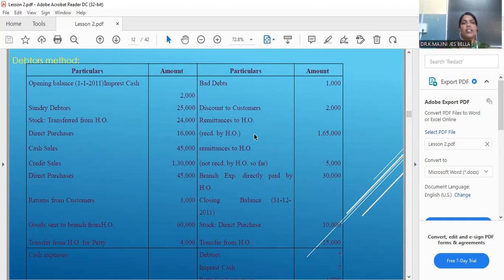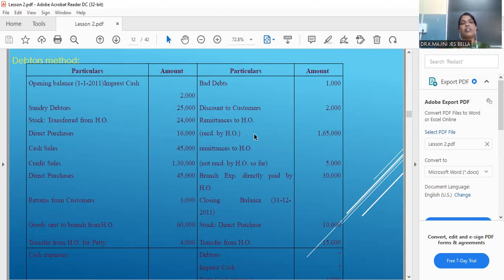Then stock transferred from head office 24,000. Then direct purchases 16,000. Cash sales 45,000, credit sales 1,30,000, direct purchases 45,000. Then returns from customers. Customers returned goods 3,000. Then goods sent to branch from head office 60,000. Then transfer from head office for petty cash expenses 4,000.